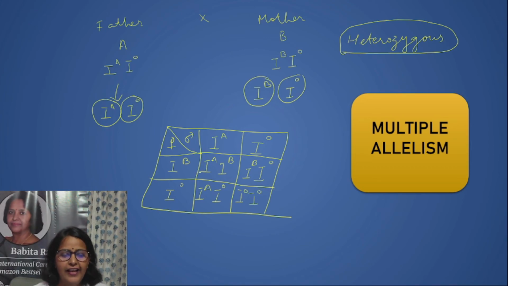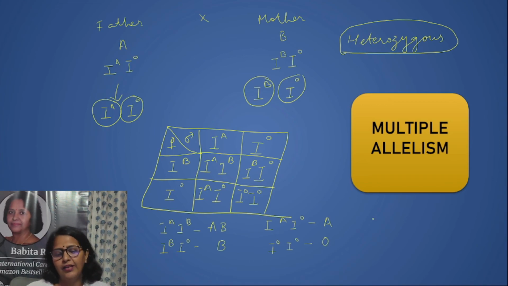IA IB will express which blood group? AB. IB IO will express which blood group? B. IA IO will express which blood group? A. IO and IO will express which blood group?